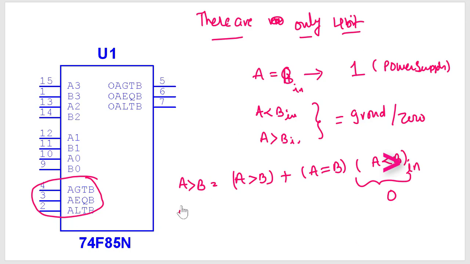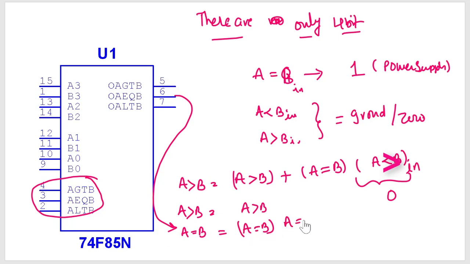So you are going to get A greater than B as only A greater than B. That means it no longer depends on the cascading input. Similarly, if you take the A equals to B output, that is the second output, pin 6, it will be A equals to B into A equals to B in. This is a cascading input.